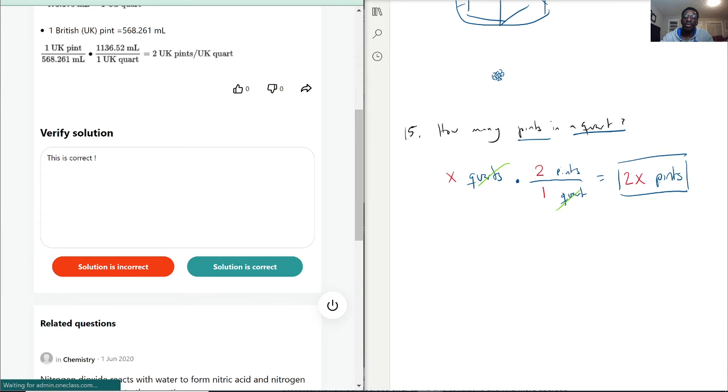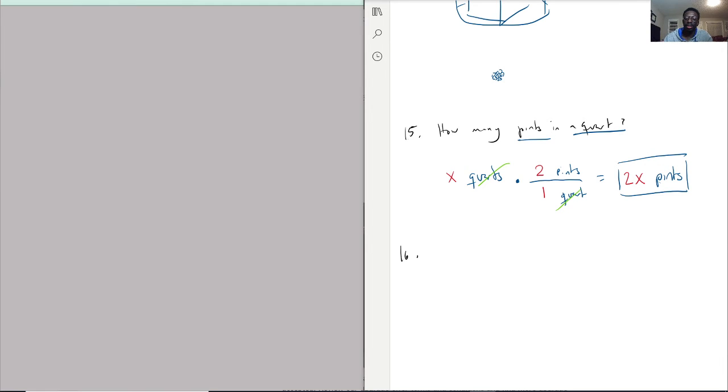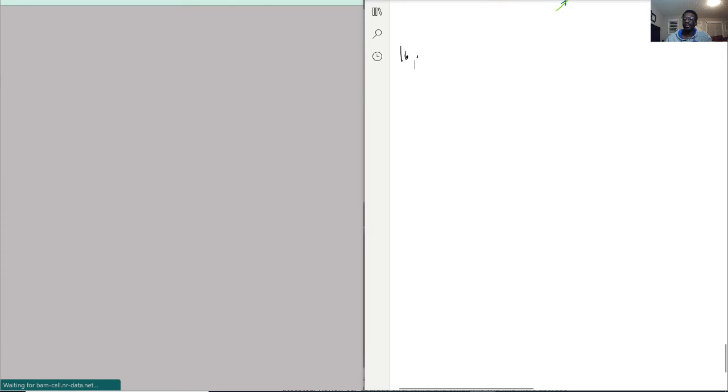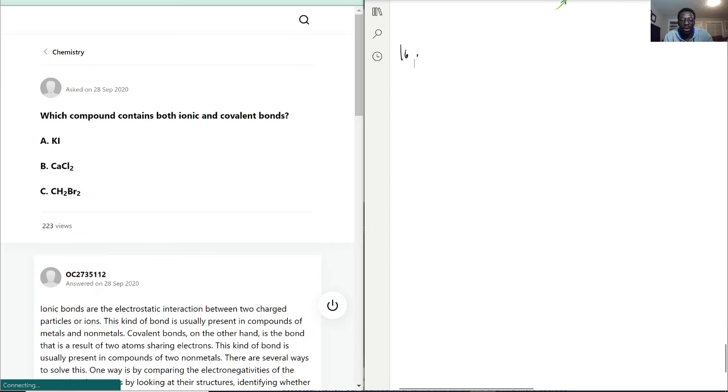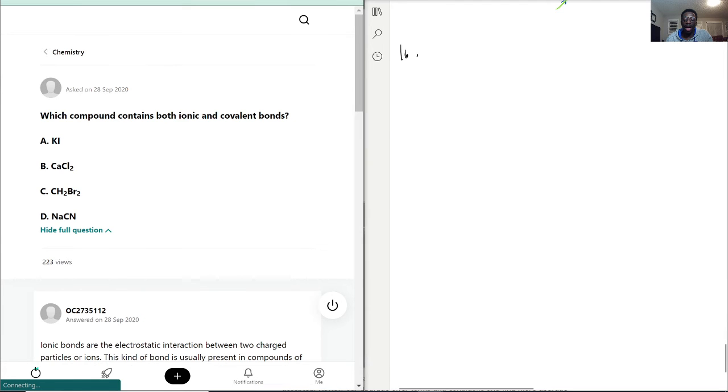And now for question number 16. Which compound contains both ionic and covalent bonds? The way to figure this out, we need a few steps.